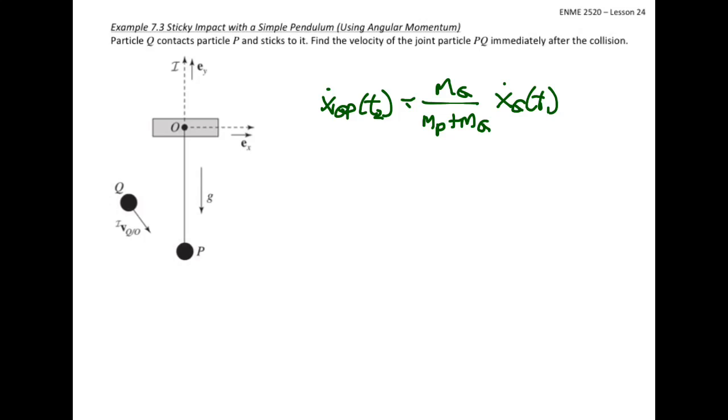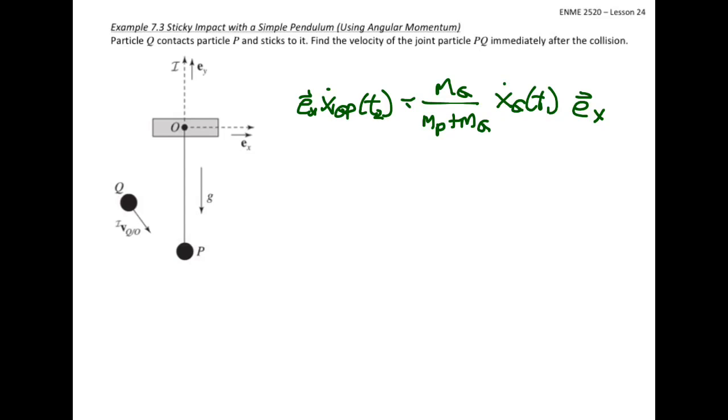This was in the EX direction. This is the horizontal speed of Q just before it impacts P, just before the collision. And this is our speed of the particle in the EX direction right after that.